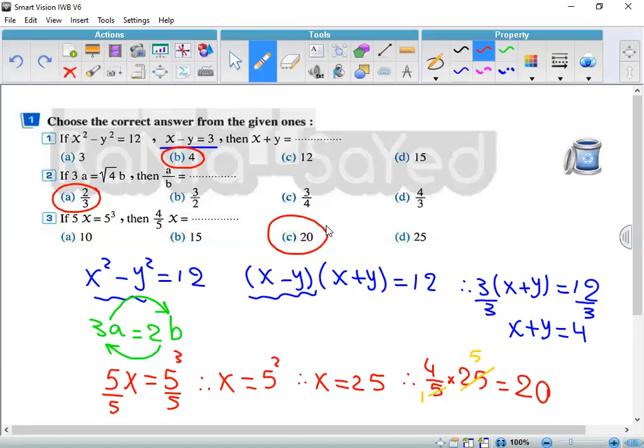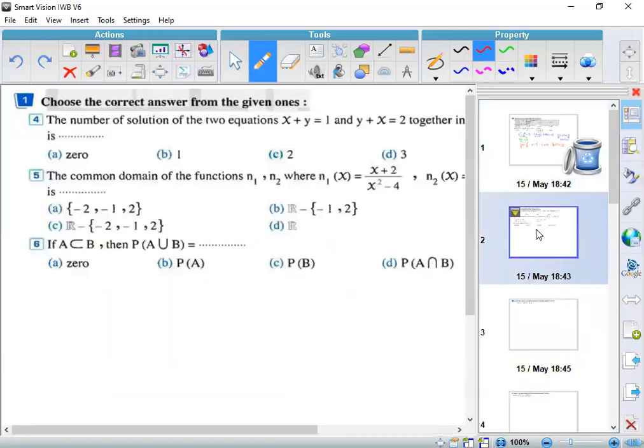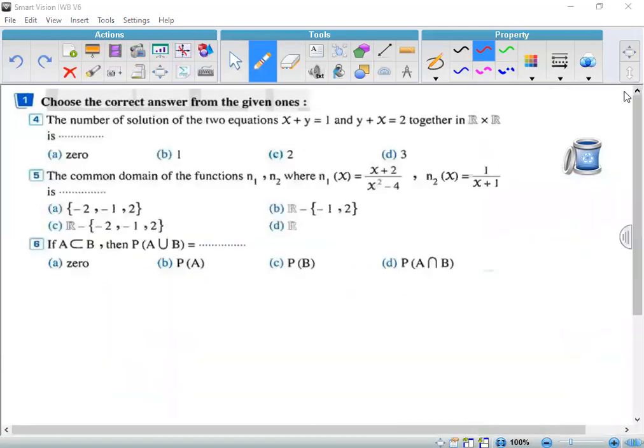Let us go to the next. The number of solutions of the two equations x plus y equals 1, y plus x equals 2, together in R by R. What's the number of solutions of the two equations?